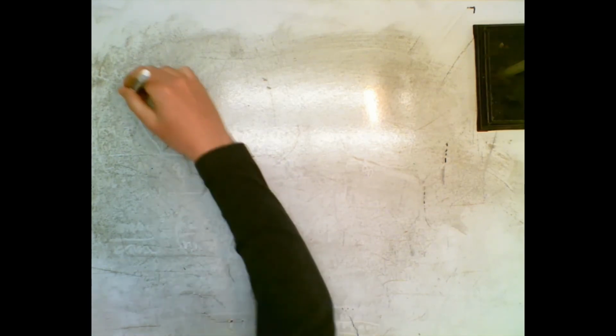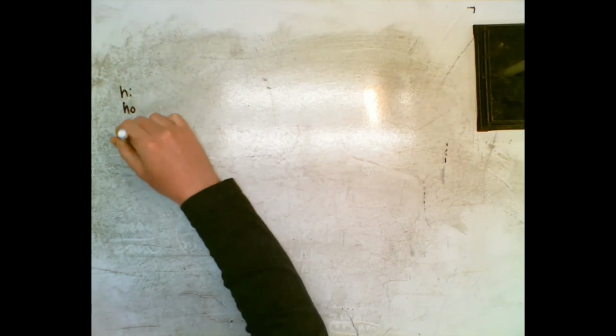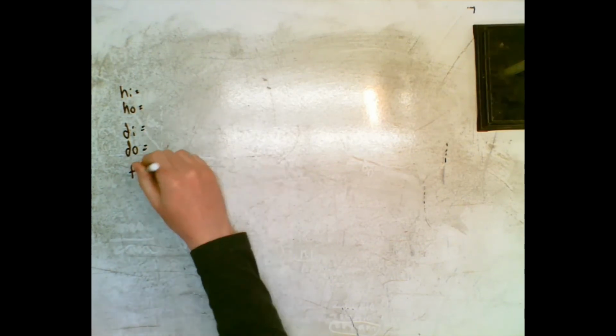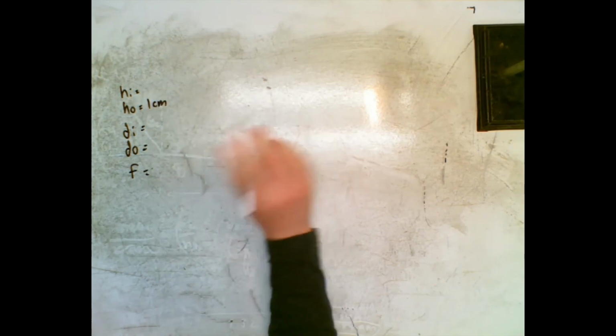So we want to calculate the height of the image produced. To do that, I always write out hi, ho, di, do, and you can sing your chant, hi, ho, di, do, and your focal point as well. You need that. So we know the height of the object. It said it's a 1 centimeter tall object, and we can leave everything in centimeters.